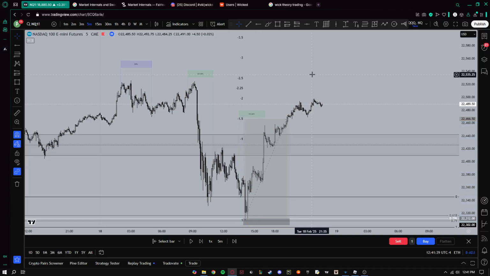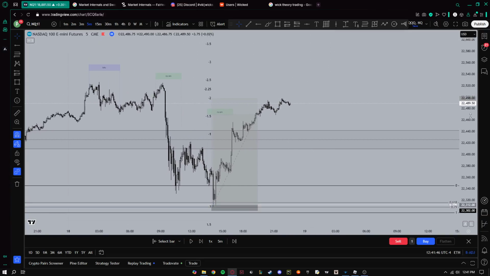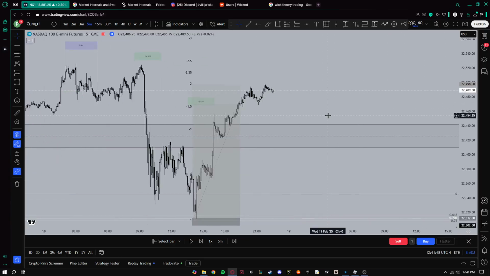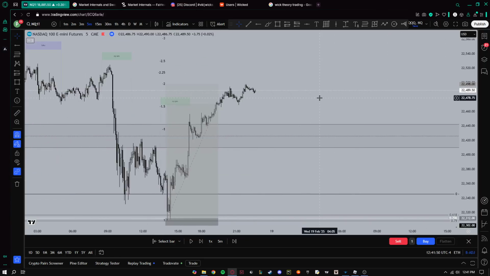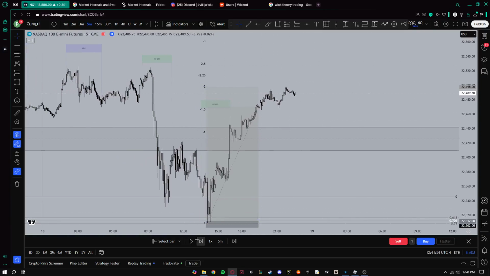We reached -2. So whichever you'd like, it's up to you how much you want to risk. But I would put in, let's say, 2 contracts. I would take a partial at -1 and just let the other one ride. Go back on hourly.